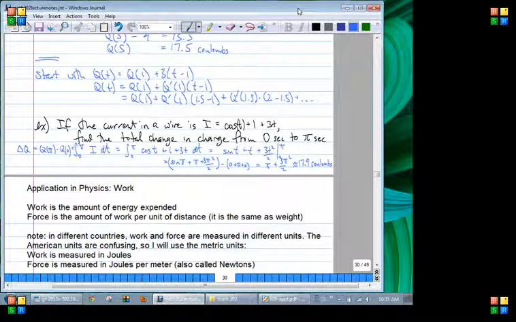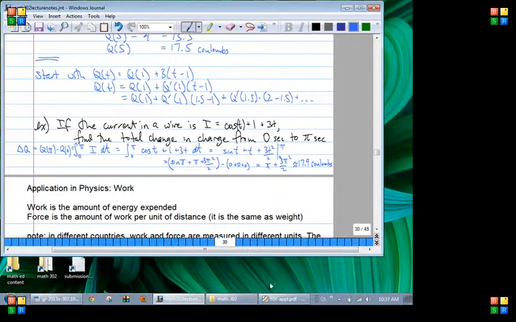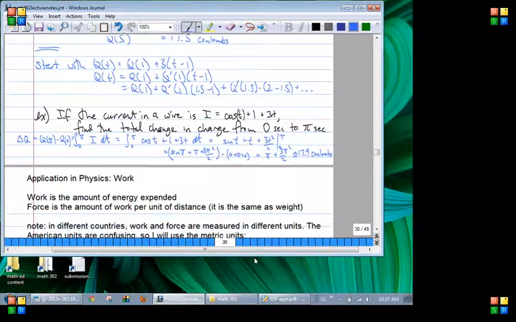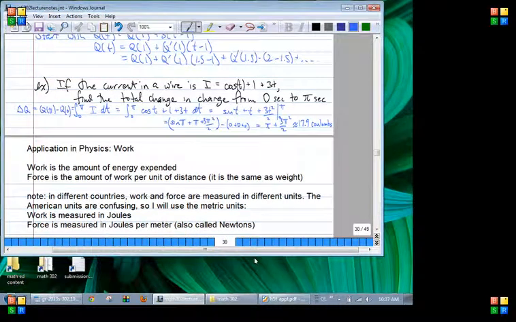Just from the units that I've written down here, can you guess which is the derivative of which? There's joules and joules per meter. Clearly joules per meter is the rate. So force is the derivative of work.